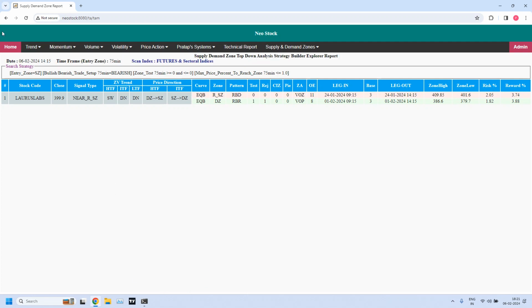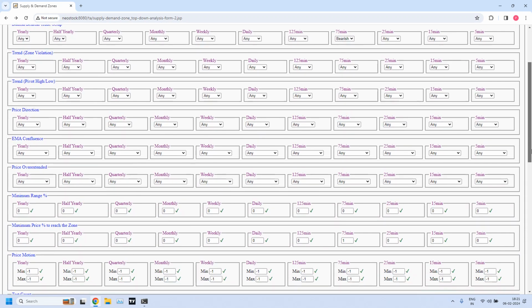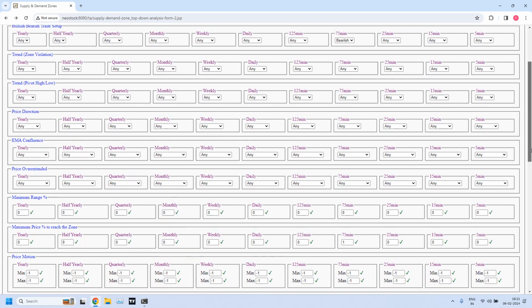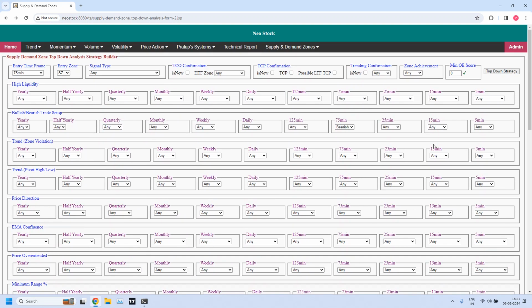This is the 1% level. Let us improve. Let us check any stocks within 2%. So from 1 I am changing to 2%.